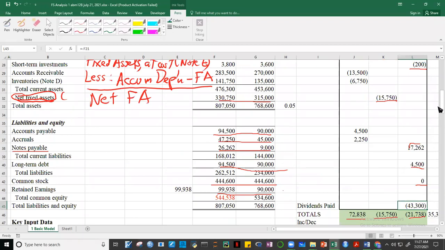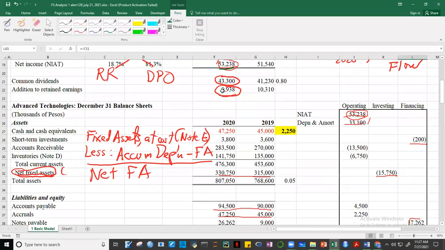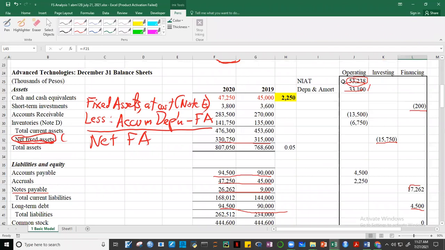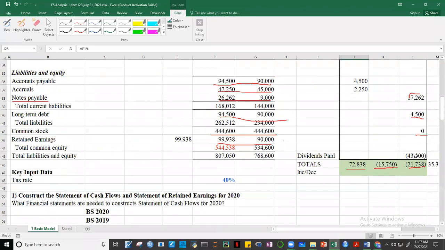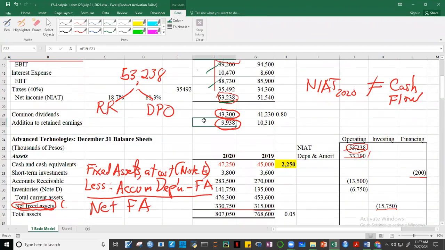43,300. Okay. Now, balik ako sa question ko kanina, yung retained earnings ba, itong 9938, dapat ba ipasok dito? Hindi, guys. Kasi andito na si net income natin, 53. Andito na si dividends, negative 43. If you sum this up, 53 at saka negative 43, it will give us this one, 9938. 53 less 43, ito yun, 9938. So, andito na guys yung 9938.